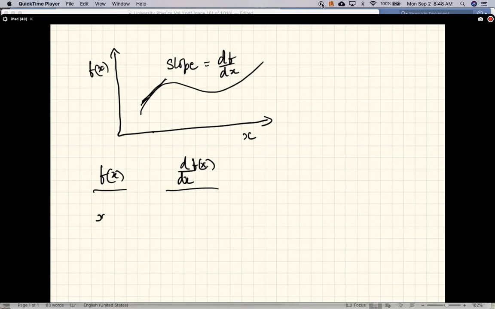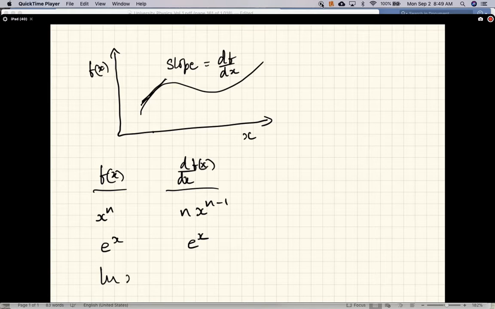Okay, so if the function is x to the power n, the derivative is n x to the power n minus 1. The derivative for e to the x is the same. That's the only function whose derivative is the same as the function.